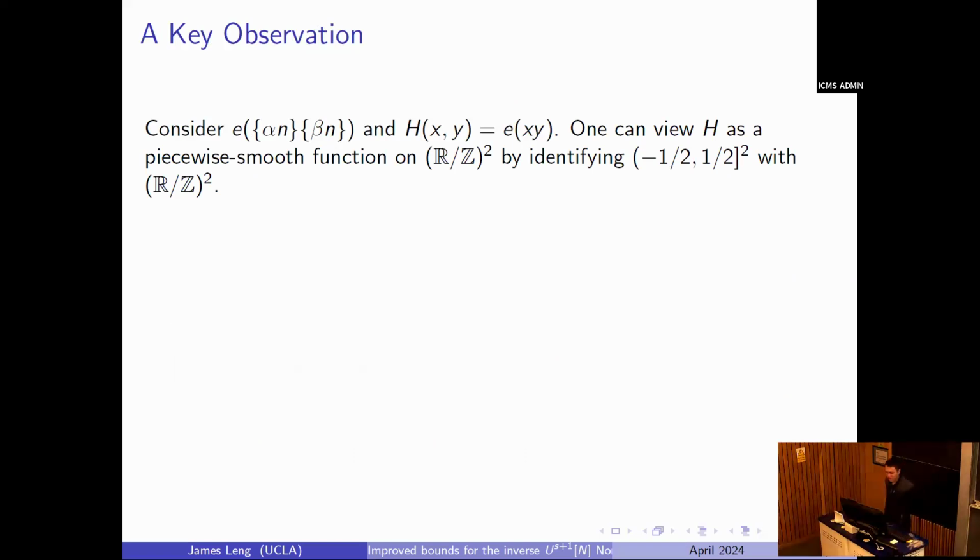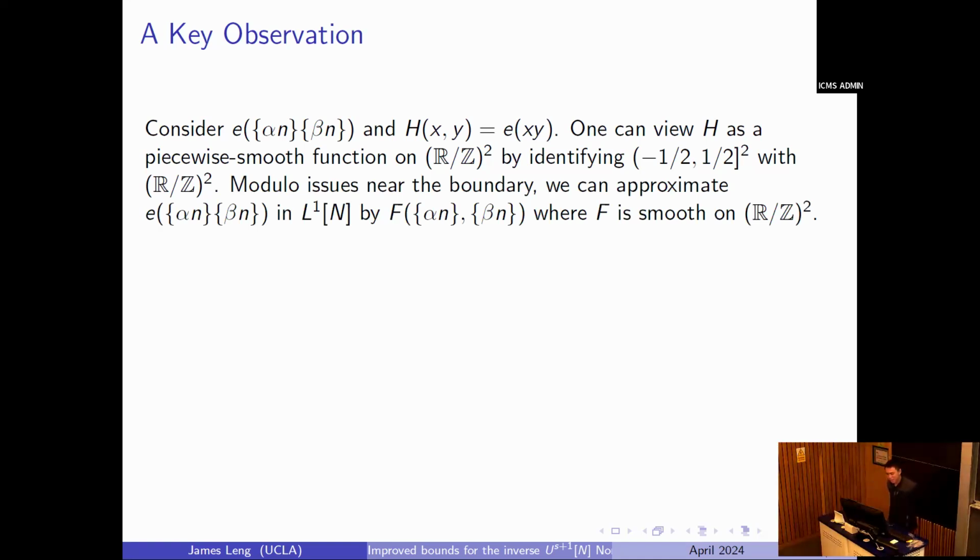Then you can view h as a piecewise smooth function on R minus Z squared by identifying minus 1/2 squared with R minus Z squared. That's an unusual thing to do because you may just think of h as a smooth function on R squared, but just go with it.